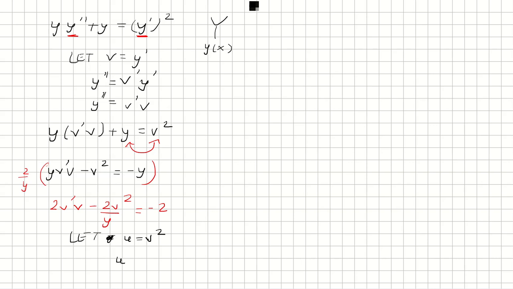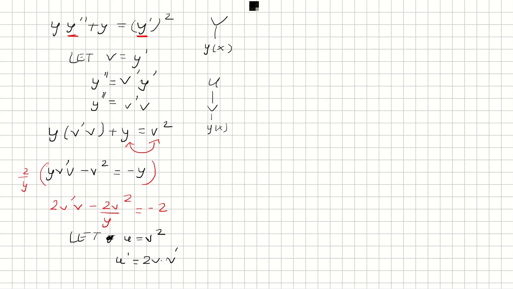So u prime, so again, u depends on v, which depends on y. So we have to use the chain rule. The derivative of v squared is 2v times v prime. So we have 2v v prime, and then we can go back over here to this equation.